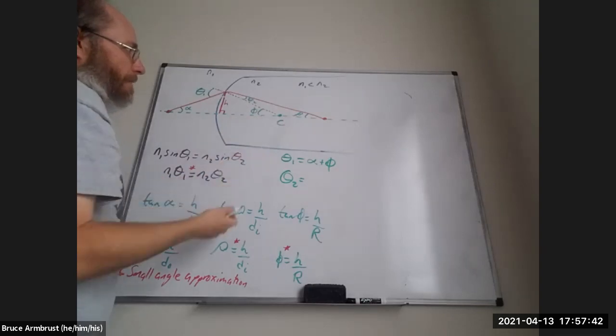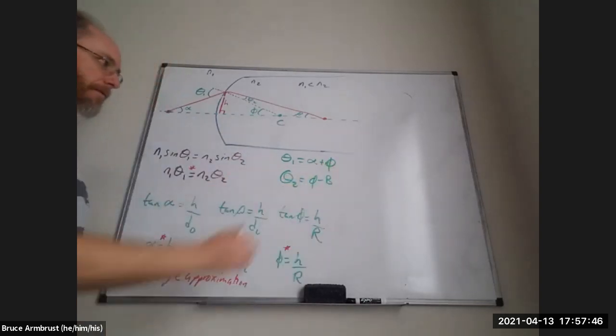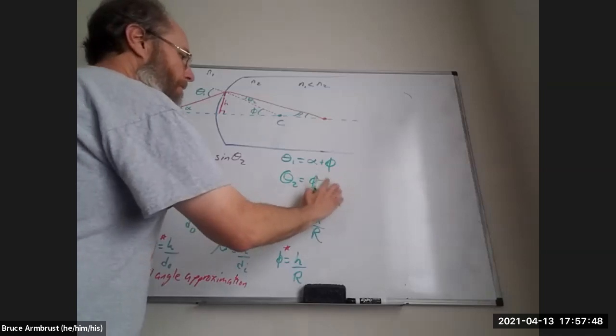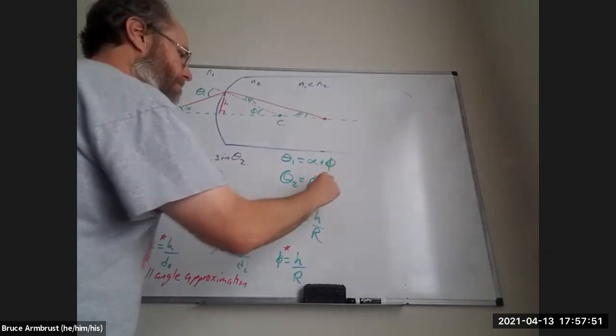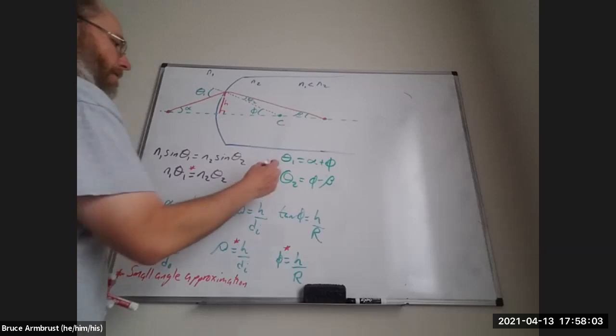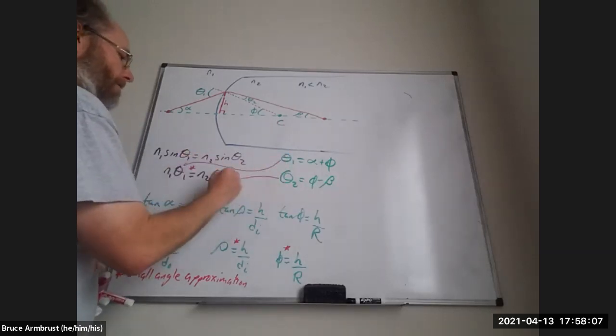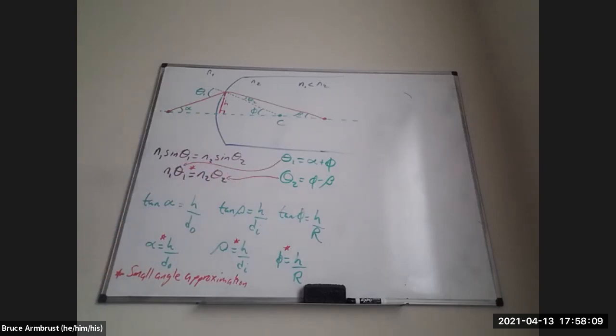Well, then that means that theta 2 is equal to phi minus beta. So that's not small angle approximation, that's just how geometry works. All right, what we're going to do with those is take those and fire them in here.